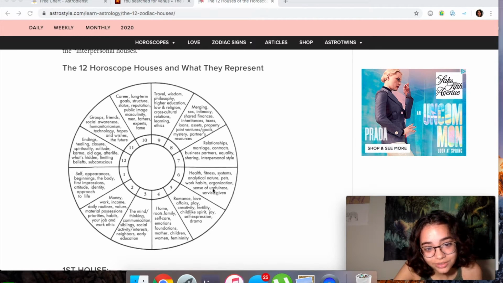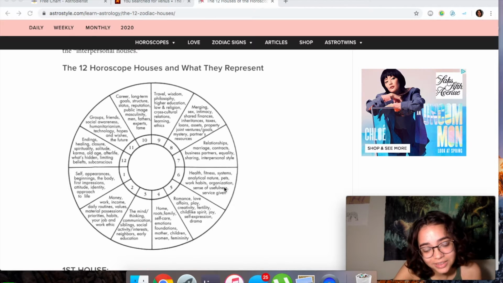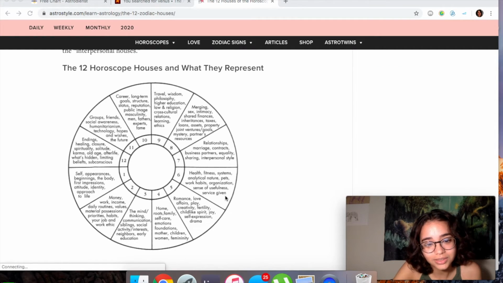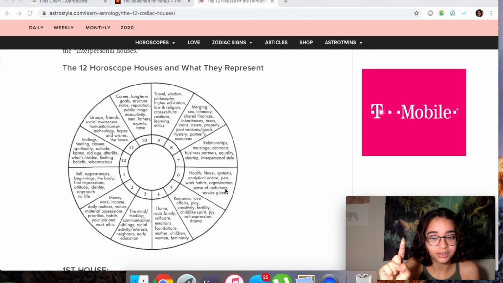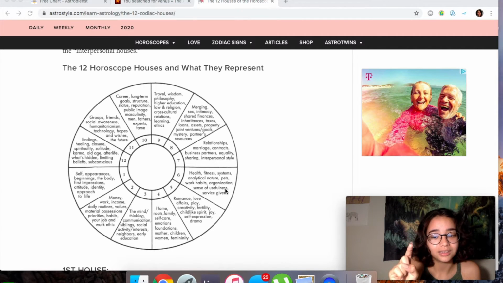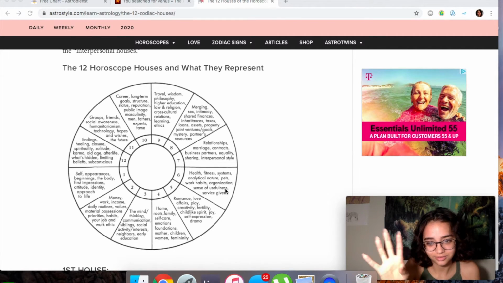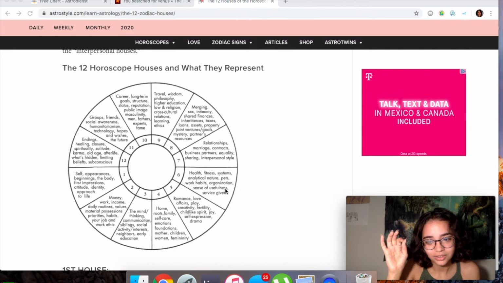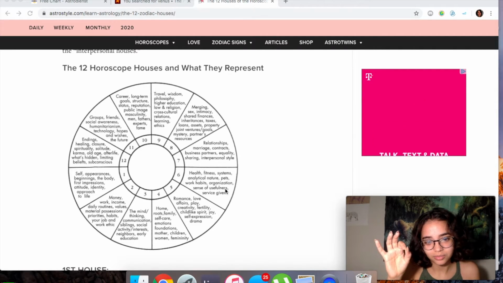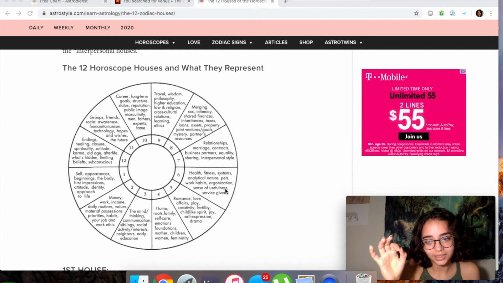Analytical nature, work habits, organization is a very important word for Virgo. Sense of usefulness, but in their own way. Organization in their way. Okay, not trying to just say all Virgos have a strong organization or are very organized. That's not what I'm saying. I'm just saying.